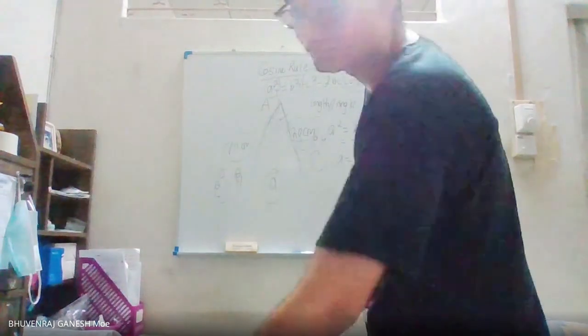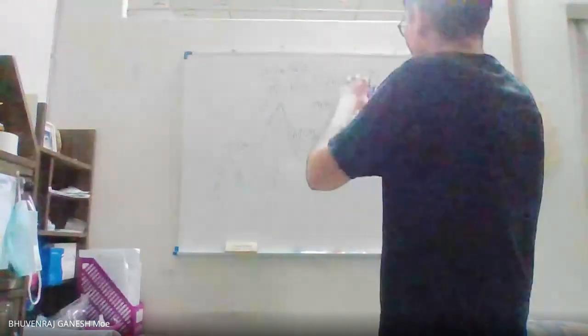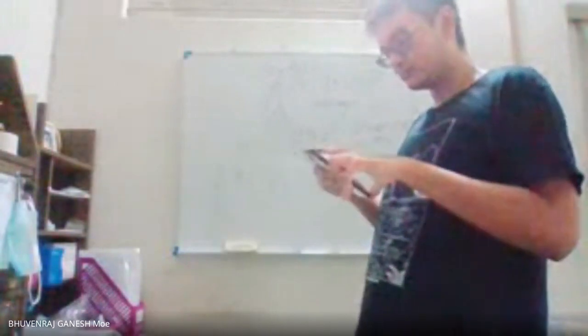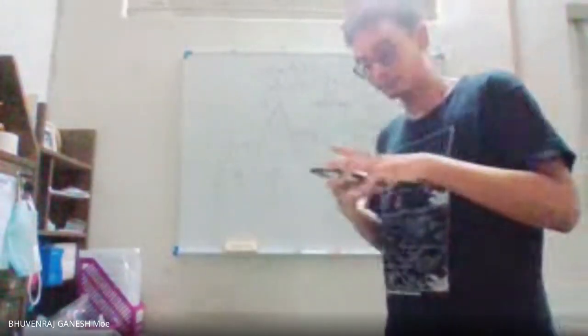I don't think you can see from here. I'll just take a picture and show you. So this is how you solve the cosine rule. So that's the example.